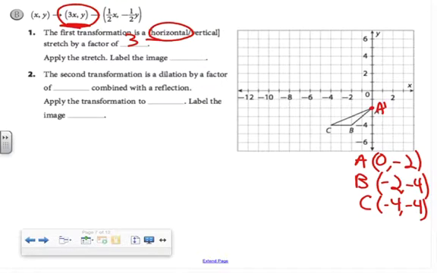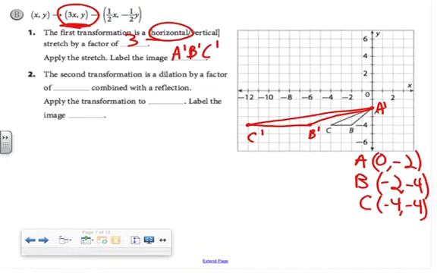B prime is at -6, -4 here. And C prime is at -12, -4. And we label that image naturally, A prime, B prime, C prime.